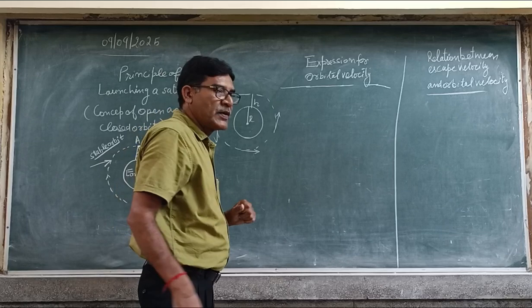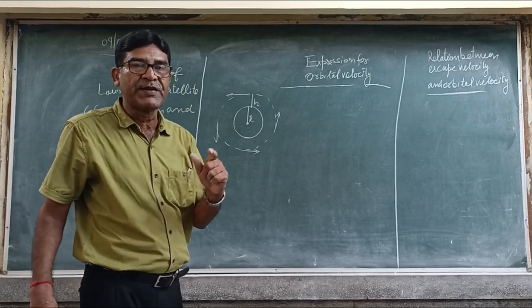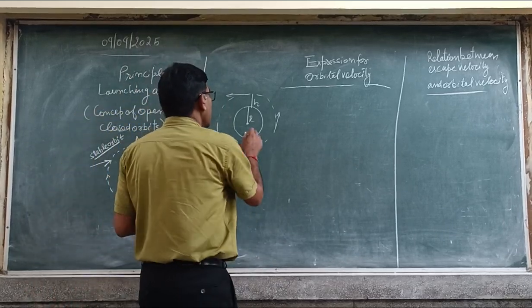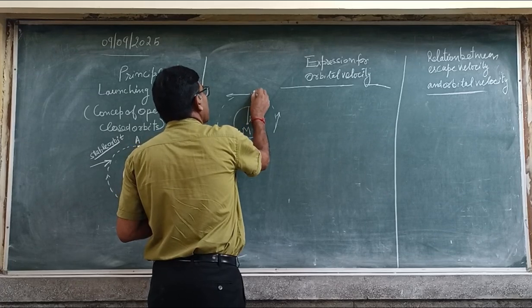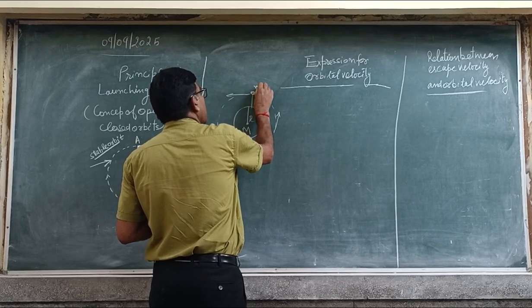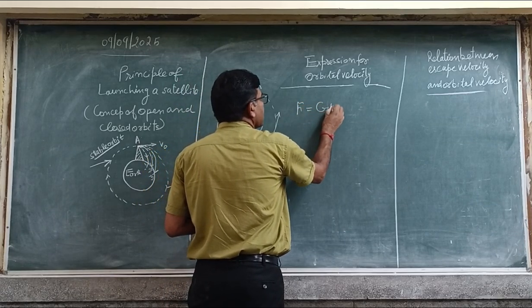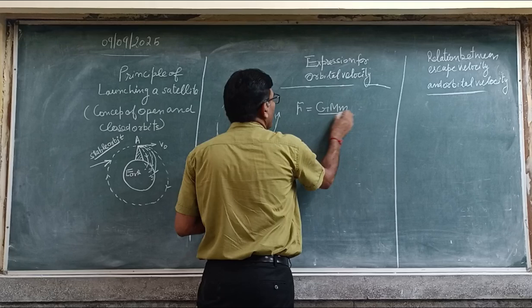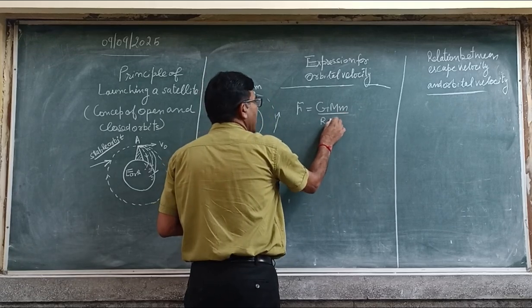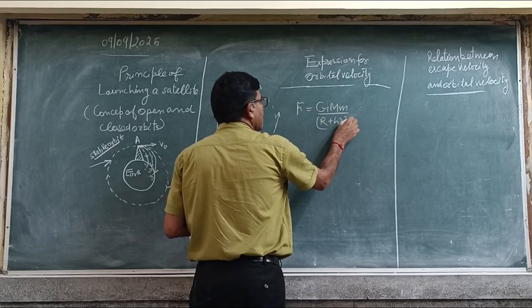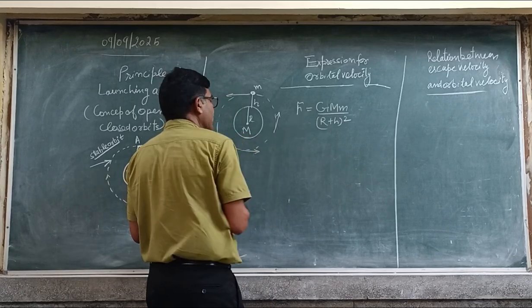The centripetal force is provided by the gravitational force of attraction between the Earth and the satellite. This is our satellite having mass small m. So F is equal to G M m upon (R plus H) whole square. And this is the gravitational force.